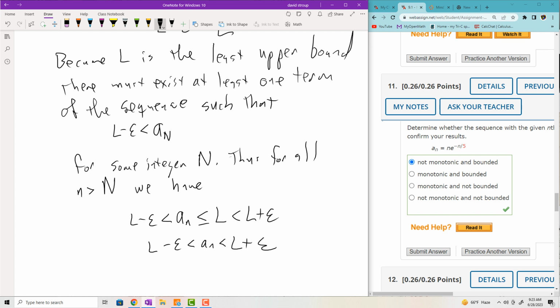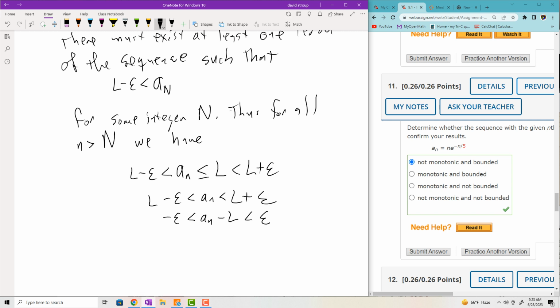And then we could, I guess, subtract L from all three sides. And then collapse that into an absolute value. And then that's basically your strict definition of a limit for the limit of a sub n equaling L.